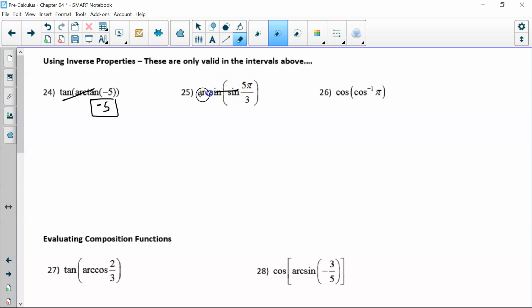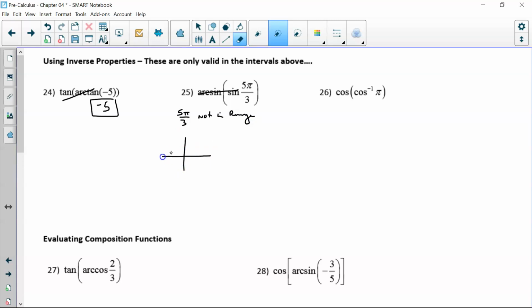of 5π/3. Now we do get 5π/3, but 5π/3 is a little bit too big for us. 5π/3 is not in the range. We need to be between π/2 and -π/2.